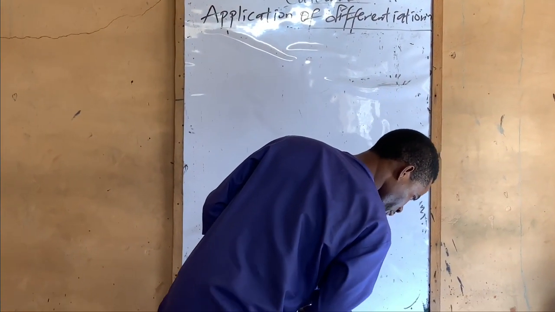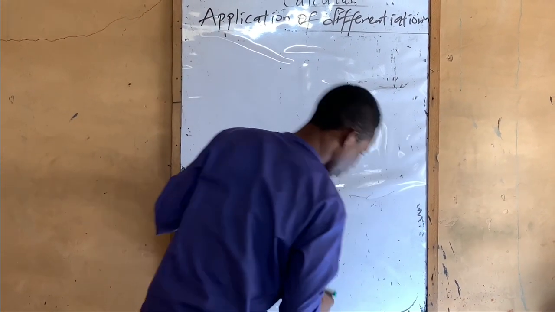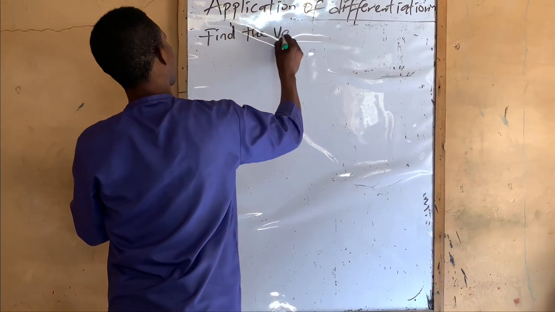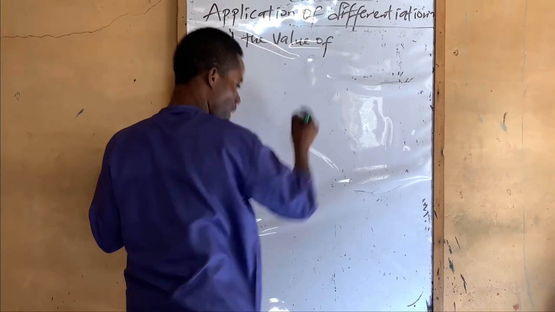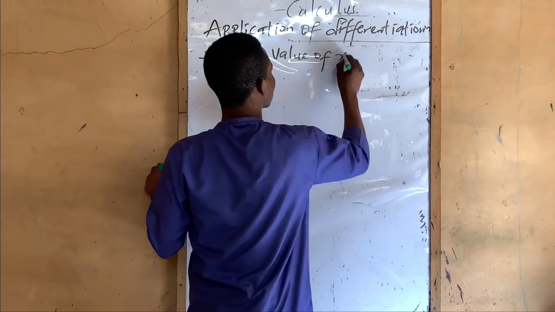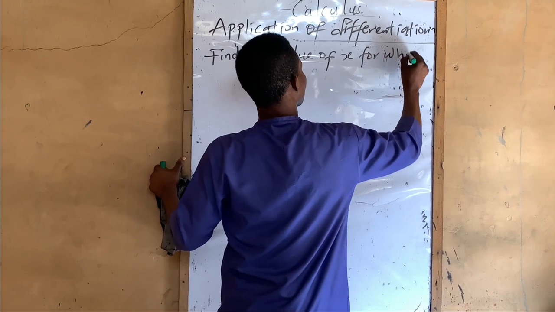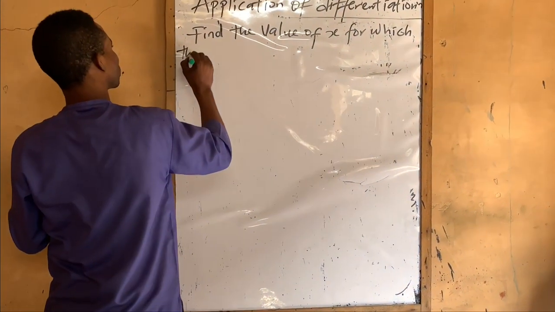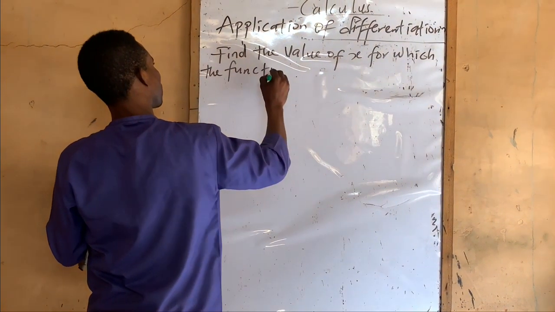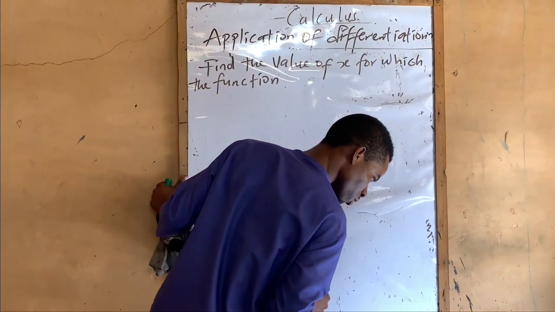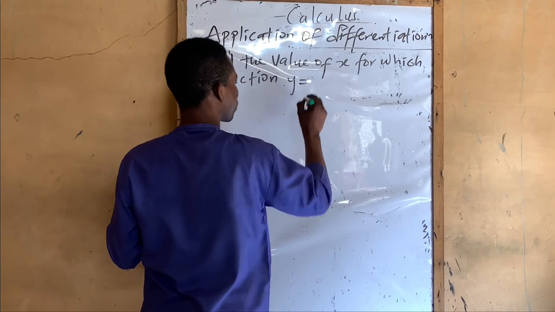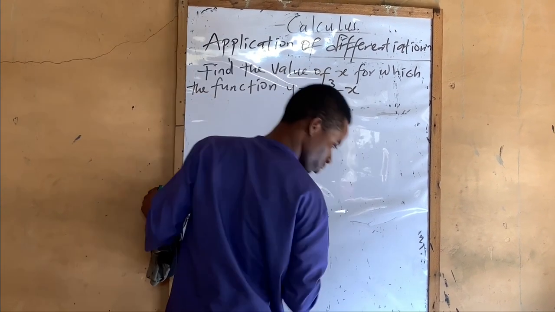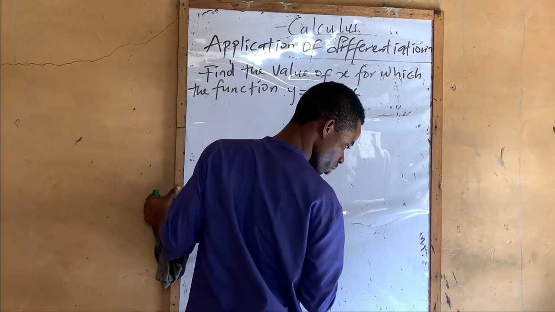So find the value of x for which the function y equals s cubed minus x has a minimum value.